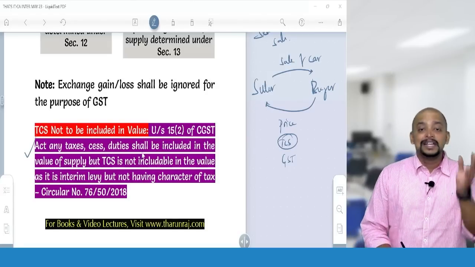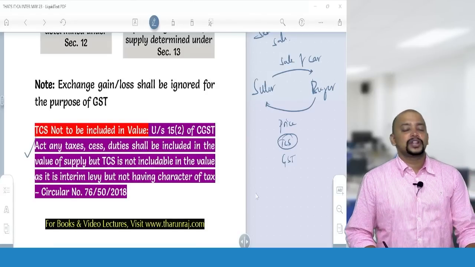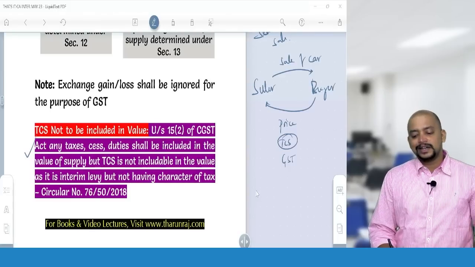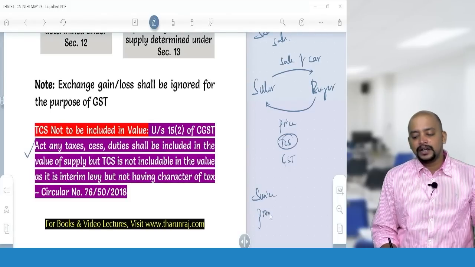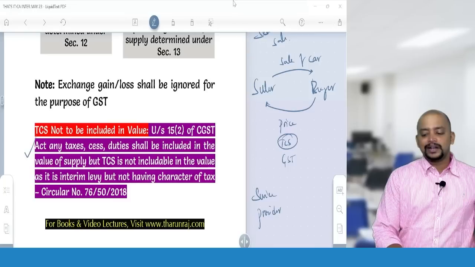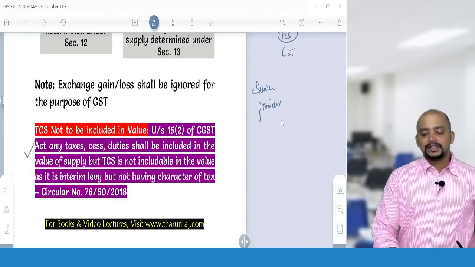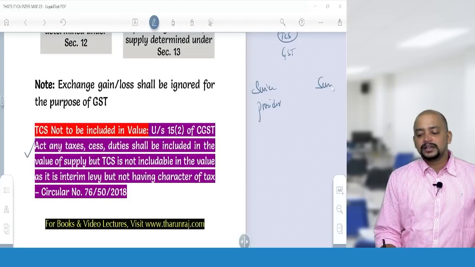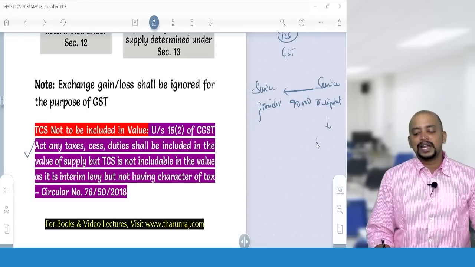What about TDS? TDS is definitely a tax on income. Whenever there is a service provider who is getting some money from a service recipient, say for example, the service recipient has given 90,000 rupees and has deducted a TDS of 10,000 rupees.